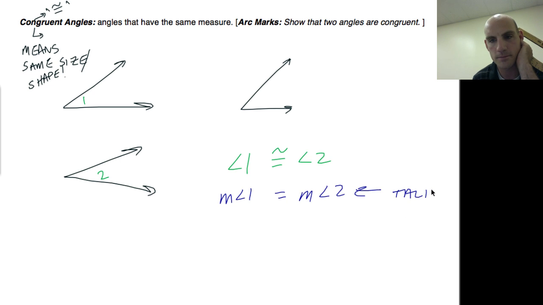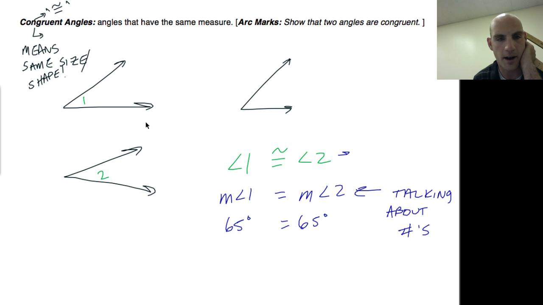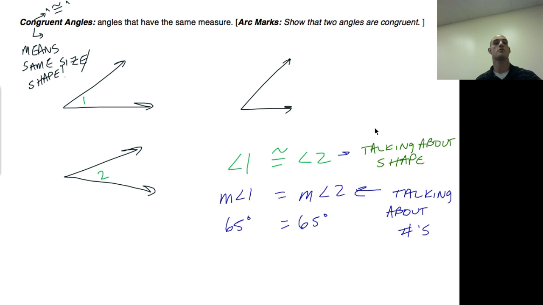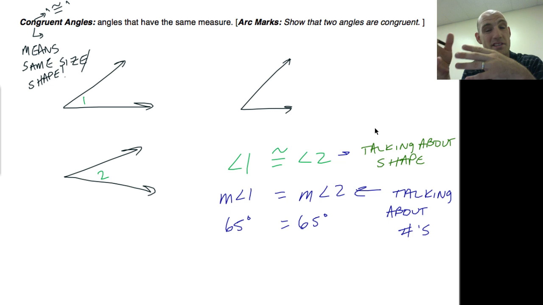This is talking about numbers, like 65 degrees equals 65 degrees. This is talking about shape. So that would mean that if you put angle 1 on top of angle 2, they'd be the same. So equal sign is talking about the number associated with it, like length or distance or degrees, and the congruent sign is talking about the shape, not just the size, but the shape.